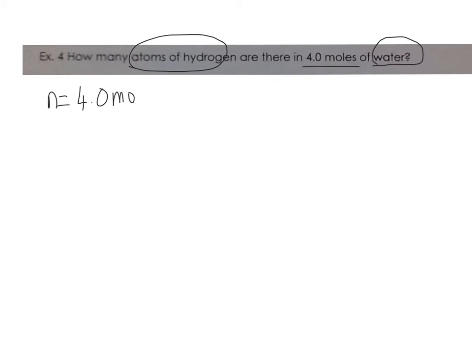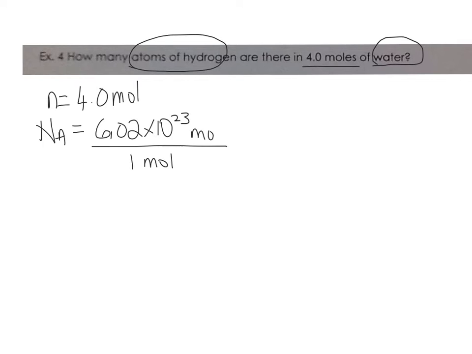4.0 moles. We've got Avogadro's number for water. So what is the particle if we're talking water? Molecule. Okay, so we're looking for how many? Okay.